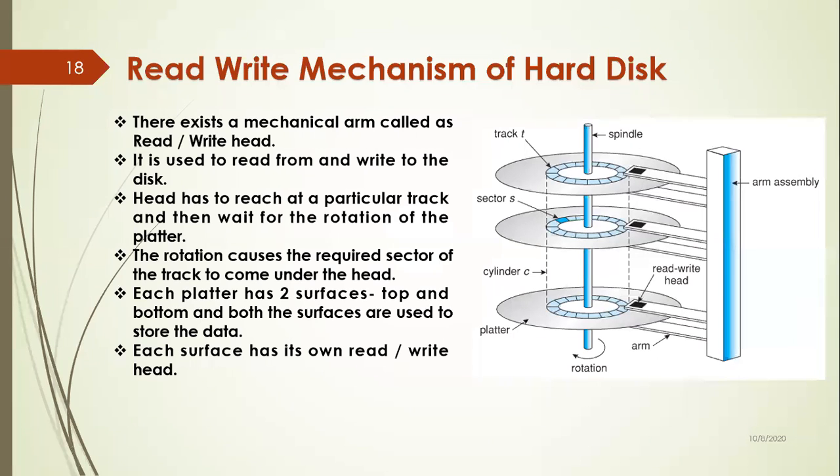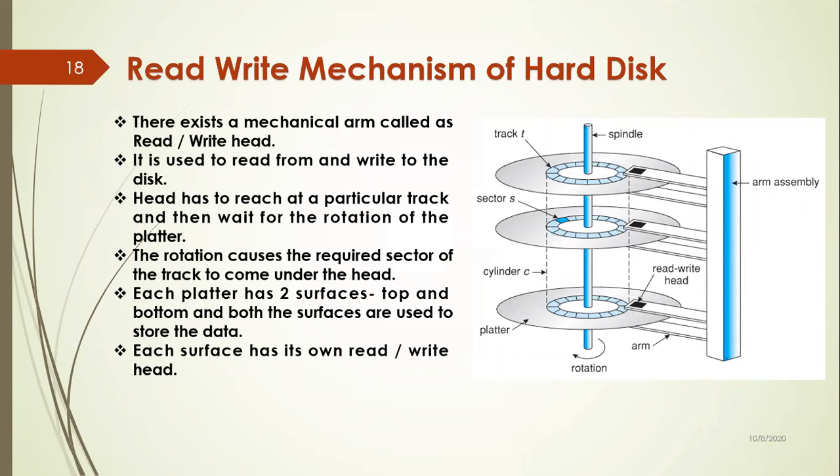That arm assembly has the read write arms, and at one end of each arm there is a read write head. Using that read write head, we can perform the read write operation on the platters. Now how can we perform that?